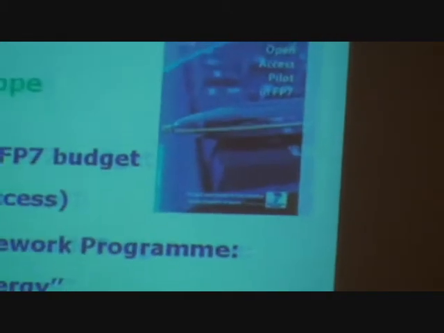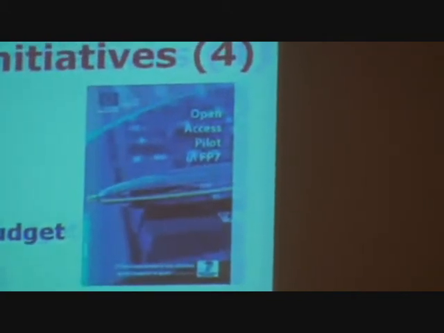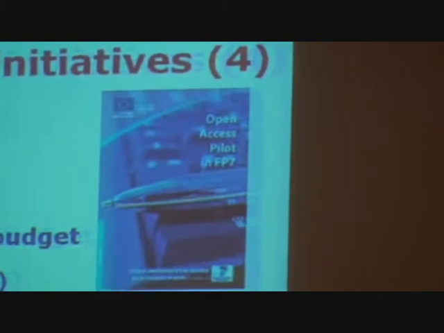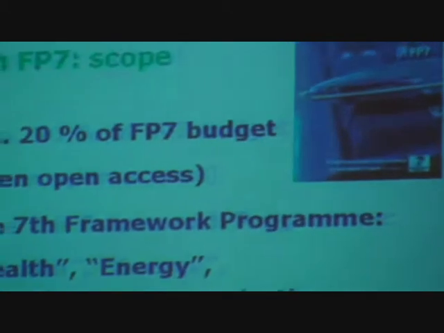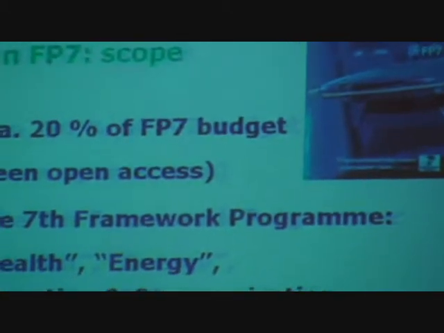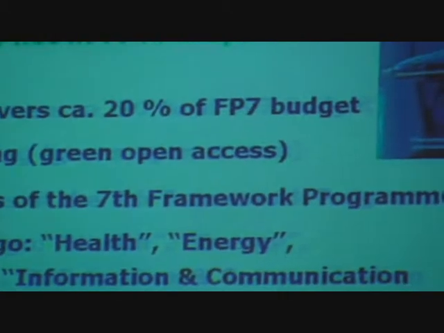And now I come to the open access pilot in FP7. So we talked about ERC, that's one part of FP7, and here we come now to the rest of FP7. So this pilot was launched in August of this year. It's a pilot, so it covers about 20% of the 7th Framework Program budget. It is based on green open access, so self-archiving.